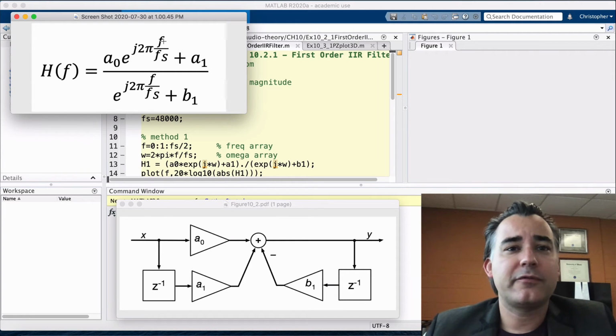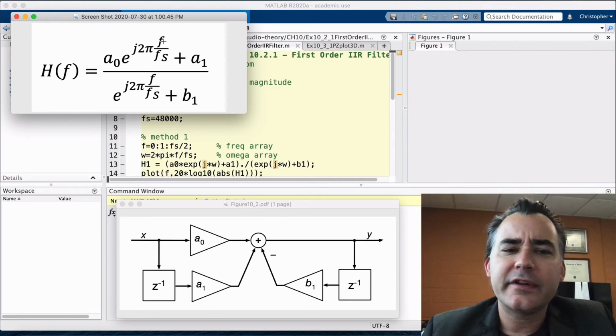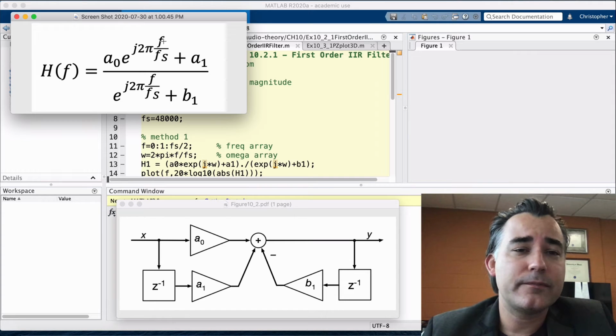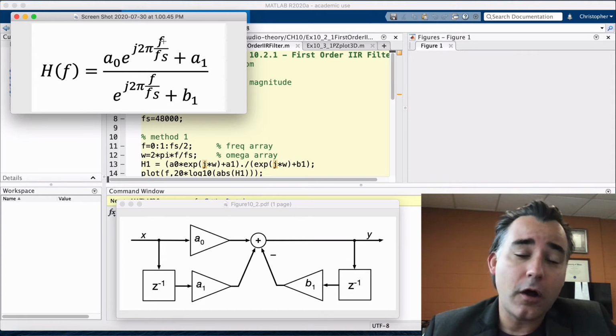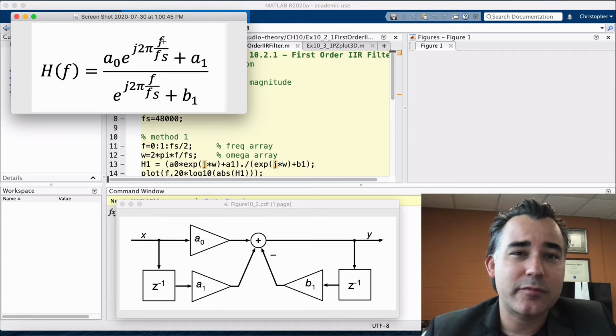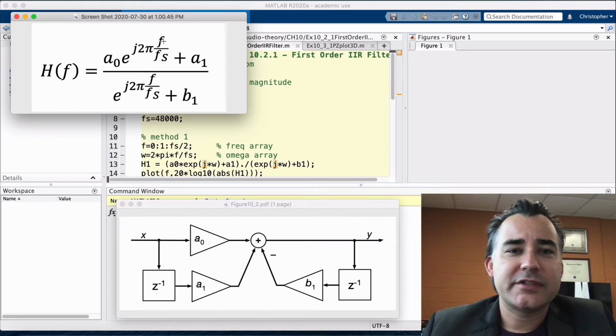So once we've determined the frequency response, we can find the magnitude response. But we need to fill in our coefficients here, so we'll just select A0 to be 0.9, A1 to also be 0.9, we'll set B1 to 0.1, and we'll select a sample rate of 48K. So we'll define an array of frequencies to analyze, then convert to a digital omega.